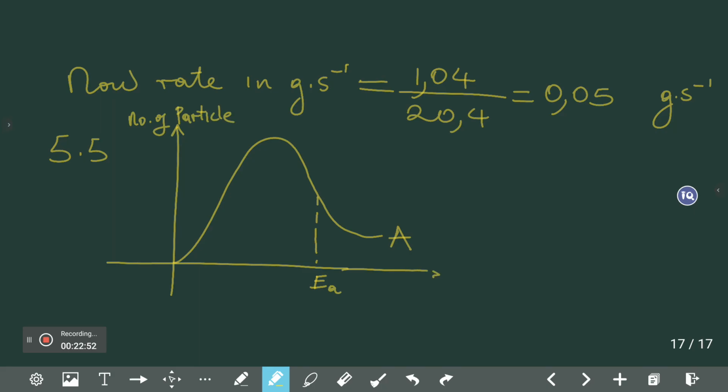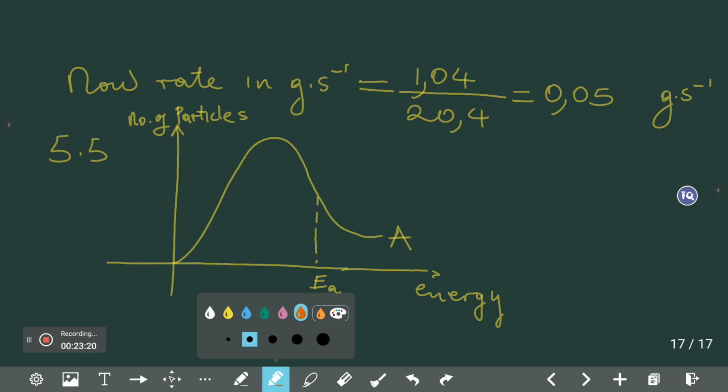At a higher temperature, you get a graph skewed towards the right, but you have to maintain the same number of particles, so the area is the same. Can you see that? That is your graph B at the higher temperature.